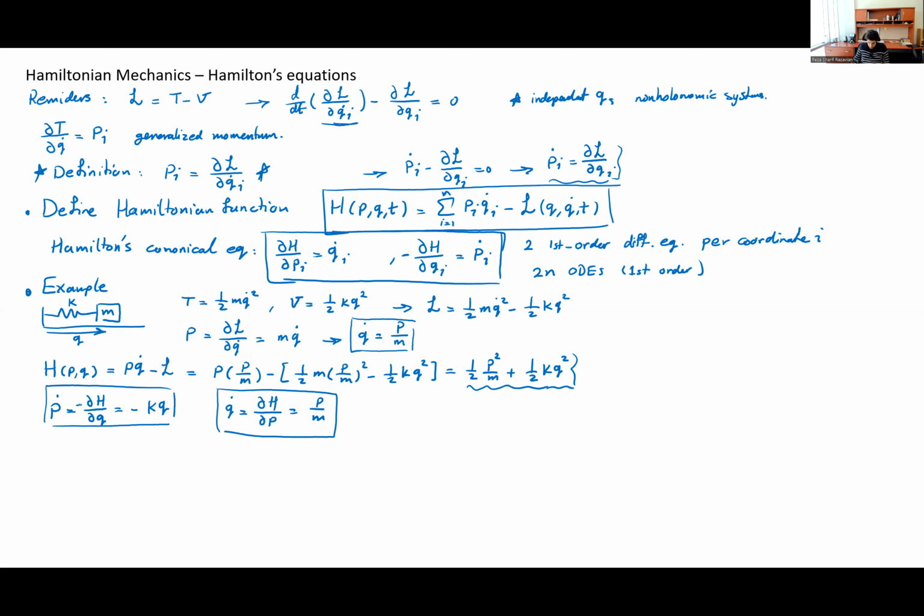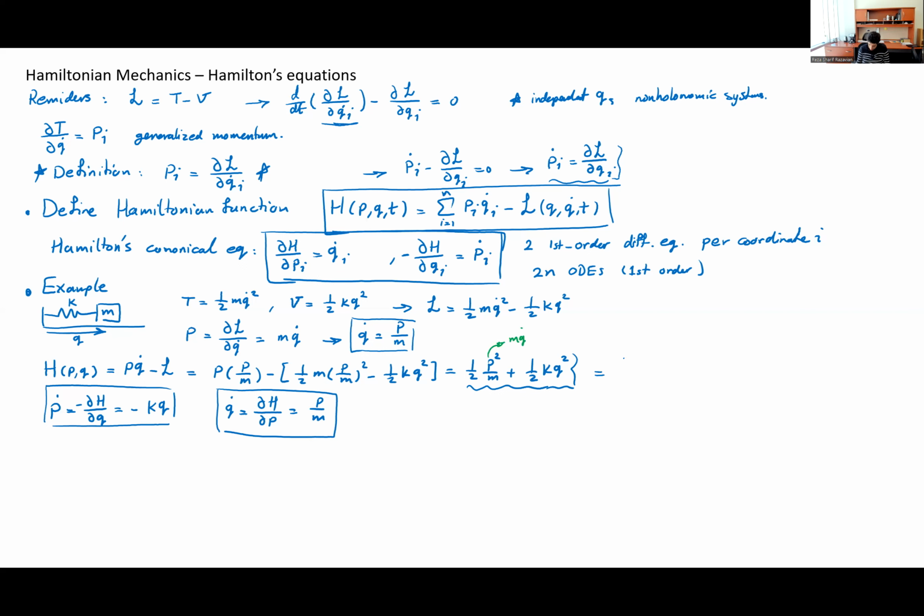So a few things to note. First thing, let me rewrite this Hamiltonian. Let's go back to the first definition. P is M Q dot. So if I write this P as M Q dot, I'm going a little back and forth, but that's the reason.